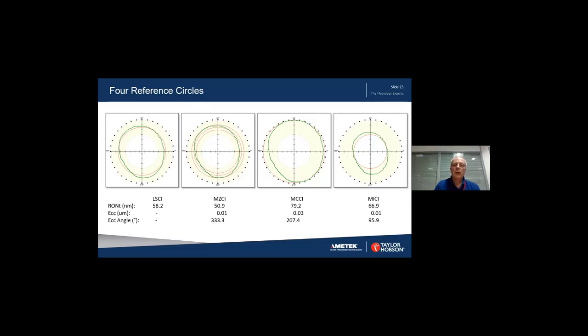You can see that for each of the reference circles, the centre values have moved, and the RON-T values have changed quite significantly. Now, the RON-T values are very small on this component. However, the fact that there are 4 very different RON-T values helps to reinforce the fact that the correct circle must be chosen in order to produce a comparable RON-T value.